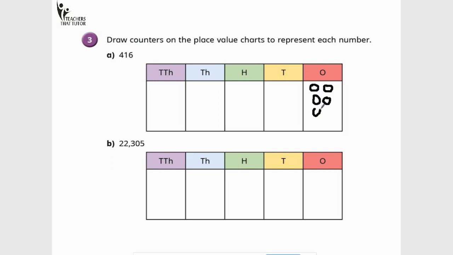Then I've got 1 in the tens column, so I need 1 counter in the tens. And then I've got 4 in the hundreds column, which means I need 4 counters in the hundreds. So this number now should be 416.